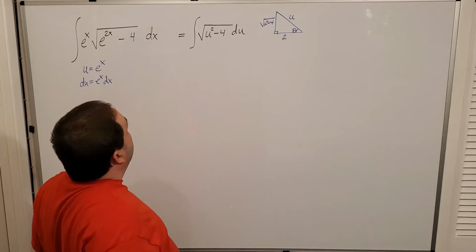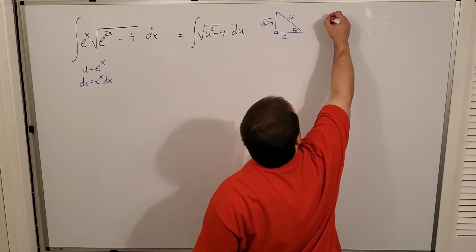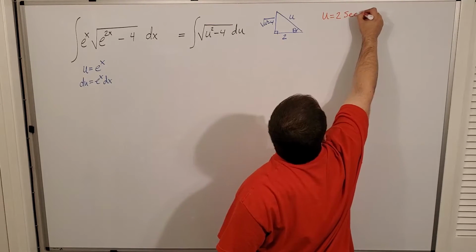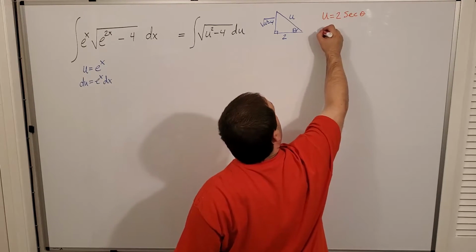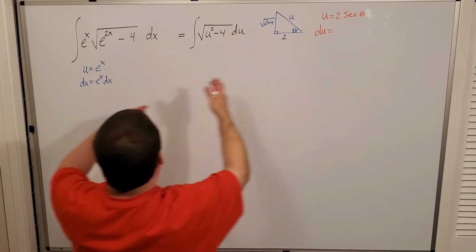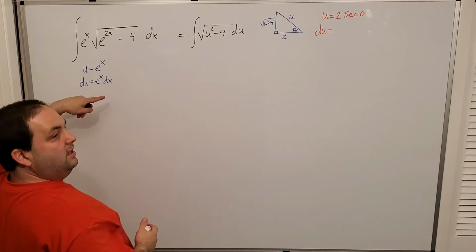Okay, so then my substitution, as we stated just a moment ago, u is going to be equal to 2 secant theta, which would then mean du, ironically, it's kind of like we're reversing the substitution here. It's almost like this wasn't even needed.